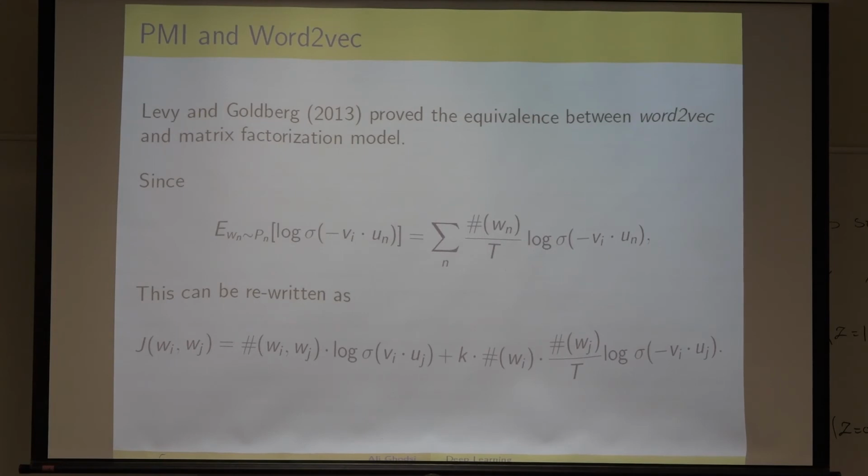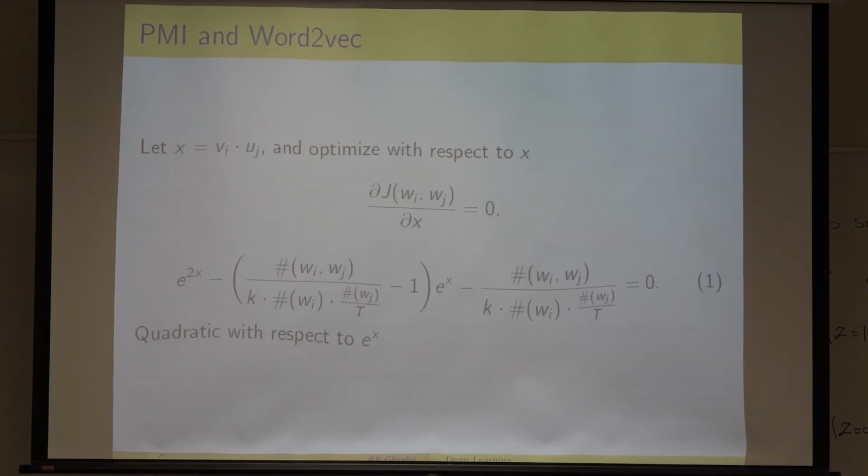Okay. Now look at the objective function that we optimized in Word2vec. Let me find this equation.